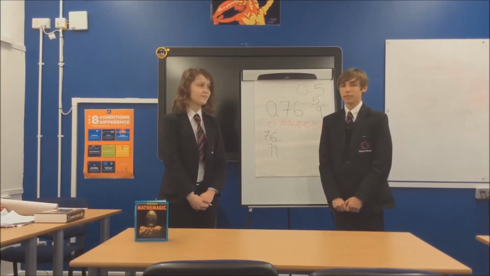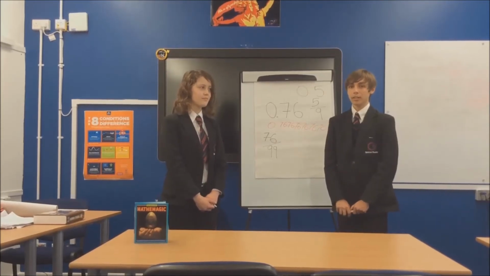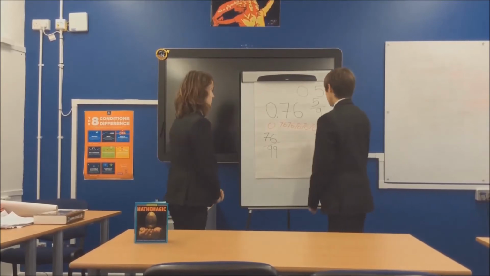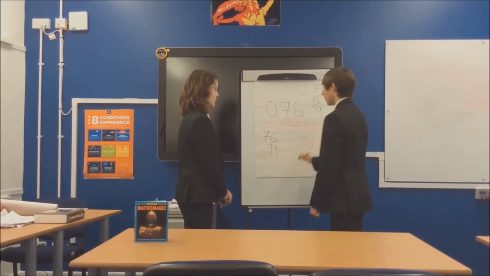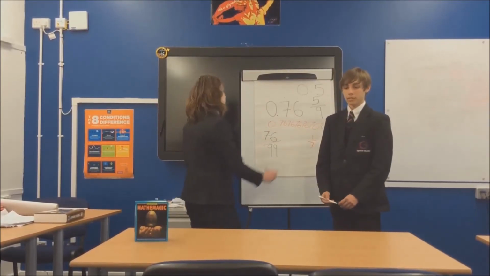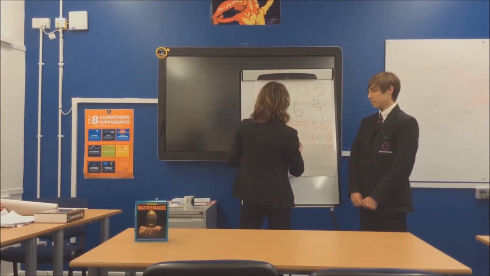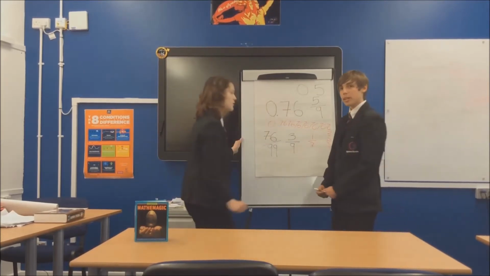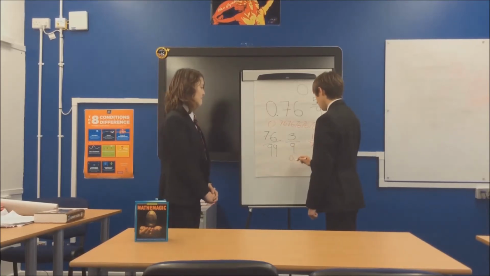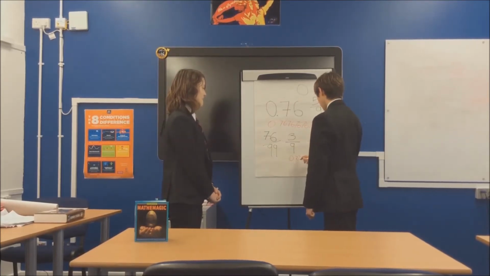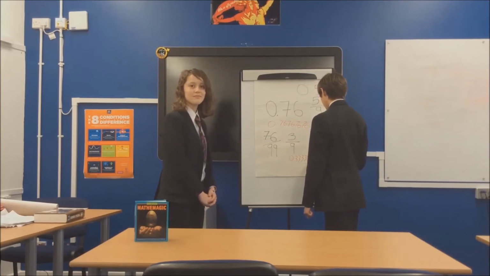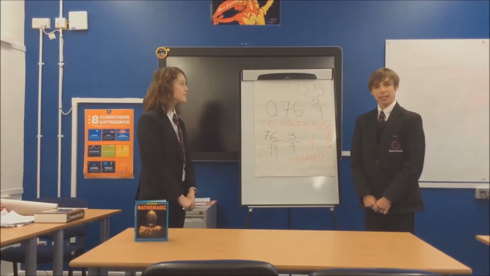An example of one that you may commonly use is a third. 1 over 3. This can also be written as 3 over 9, or even 0.3 recurring. Do you understand now?